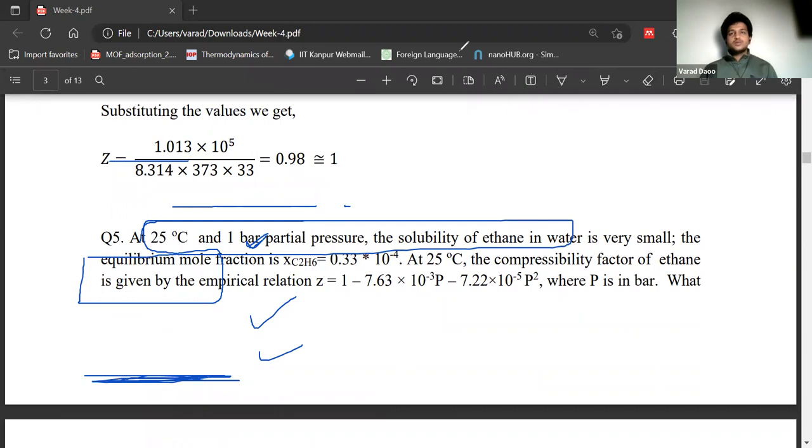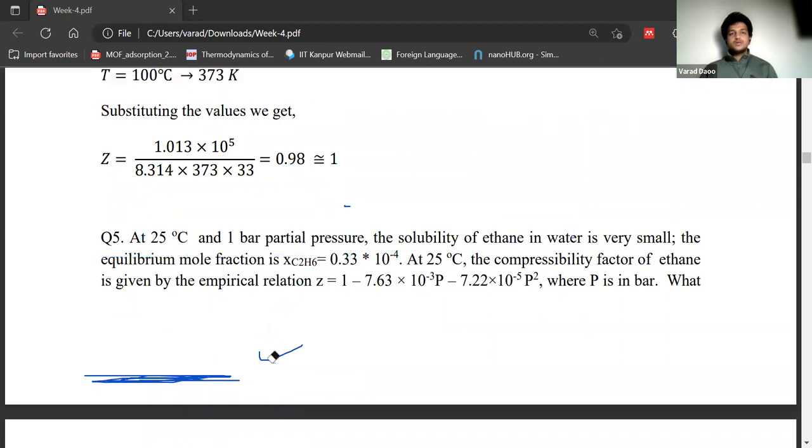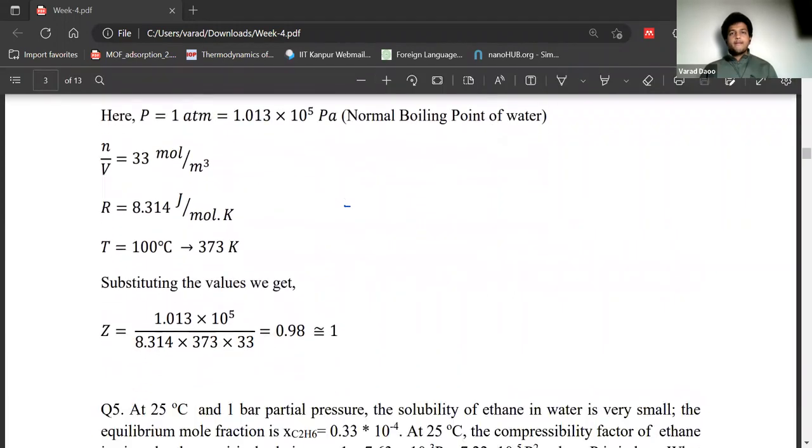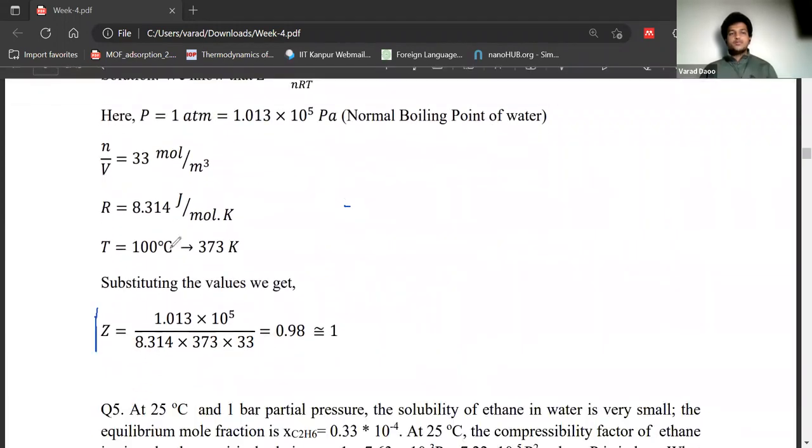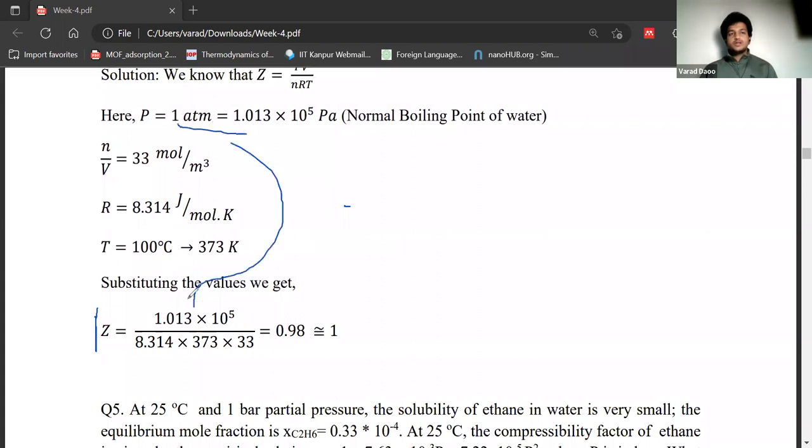Let me first clear the screen. So when you substitute it, you put the pressure value as this. P by RT, P by V, n by V, P by rho RT. So this is R, this is the temperature, and this is the rho value, which is nothing but n by V. So you end up with Z as 0.98.